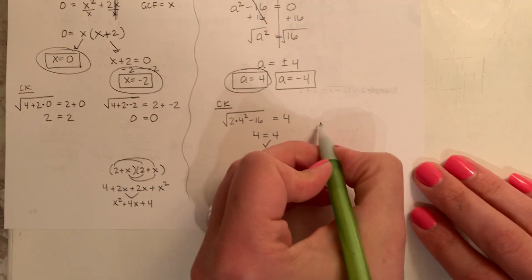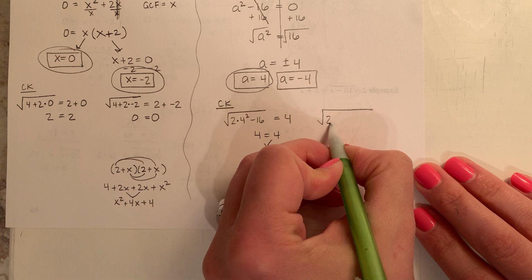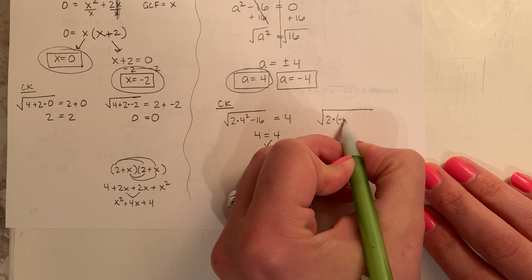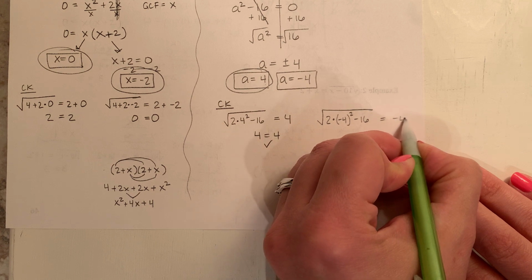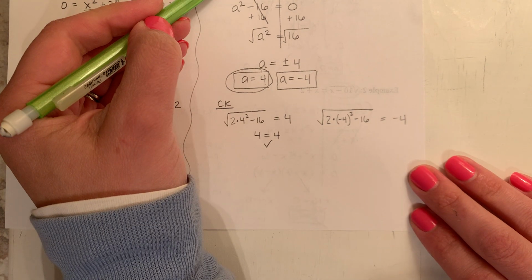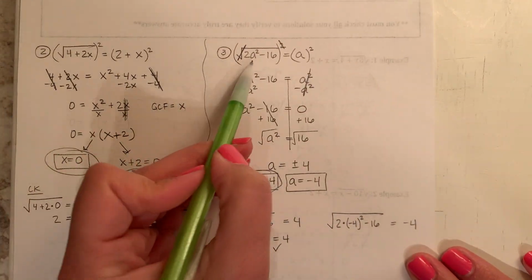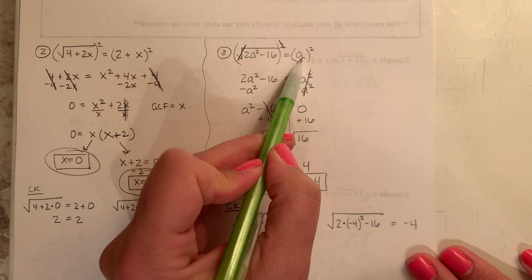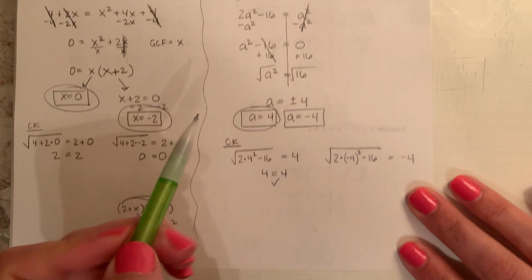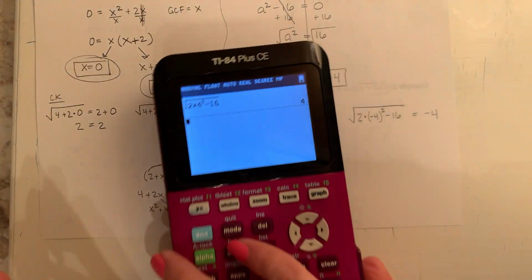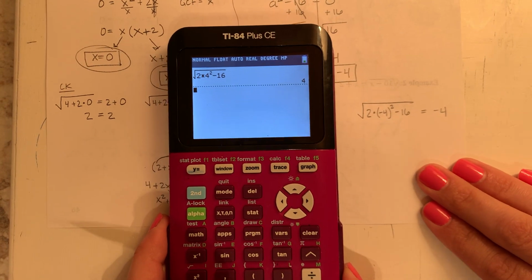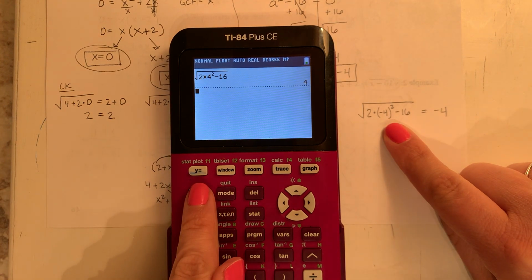Now let's plug negative 4 in. So we have 2 times, use parentheses here. Okay, so I went back to the original problem. Let me show that. I'm putting negative 4 here and negative 4 here, but because it's negative and you're about to square it, make sure you use parentheses there. Also, when you plug it into the calculator, make sure you use parentheses.